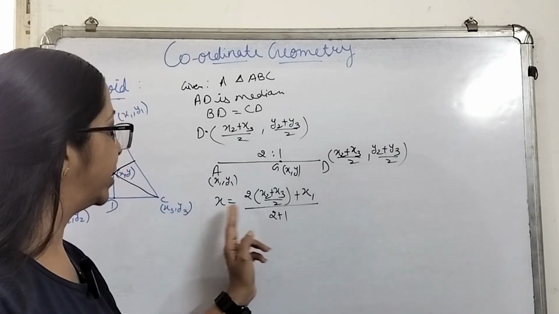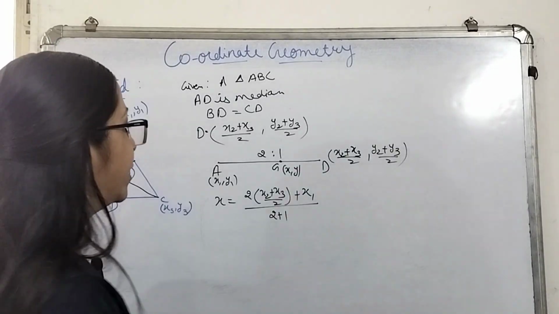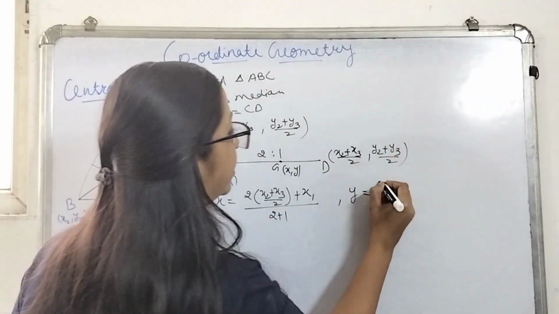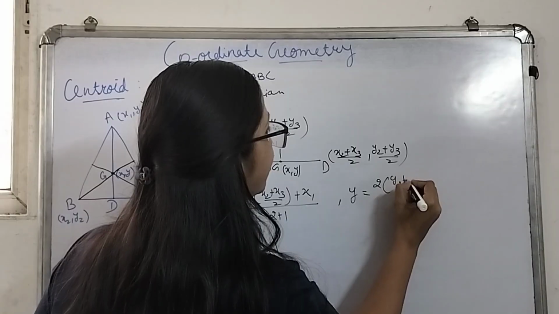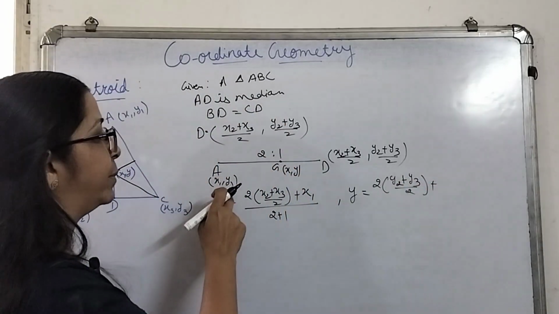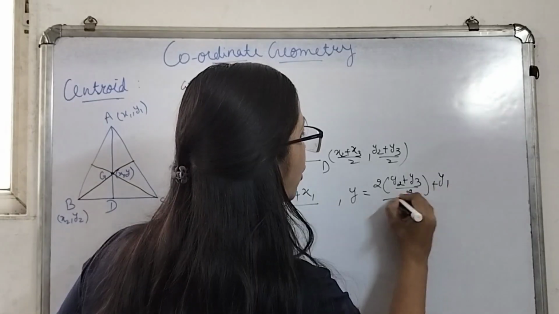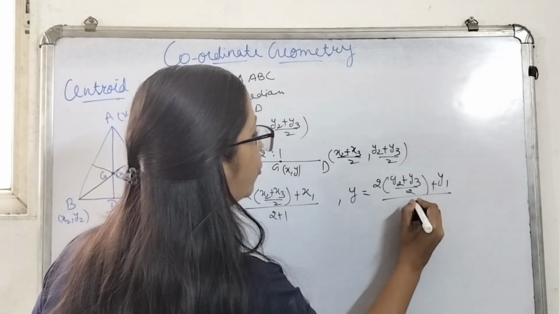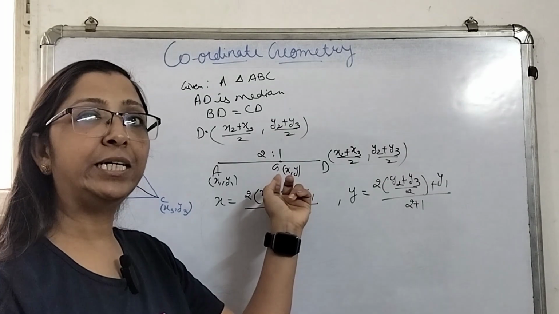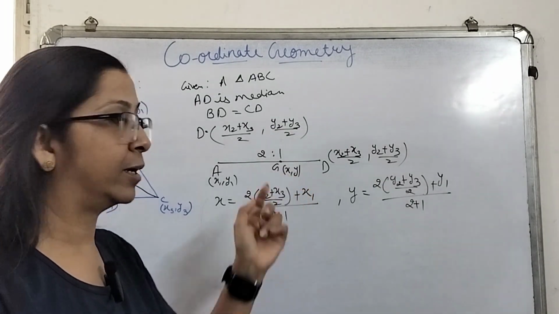By section formula, we have found the value of x. Now, what will the value of y be? 2 multiplied by y2 plus y3 by 2, plus 1 multiplied by y1, over 2 plus 1. This will be the y coordinate for the point G, that is centroid of the triangle.